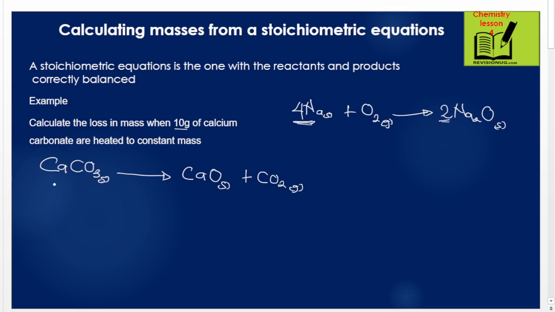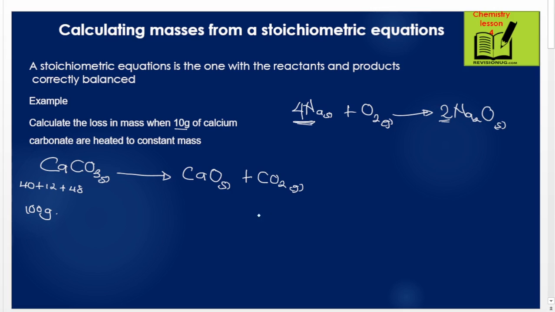Therefore, for calcium carbonate we are getting the RFM, whereby calcium is 40, then plus 12, then plus 48. 48, that is oxygen, because there are 3 atoms there. So 40 plus 12, then plus 48, so we are coming up with 100 grams.